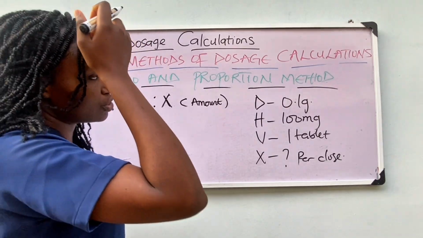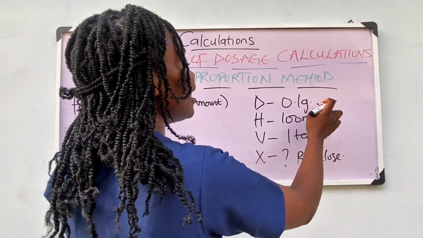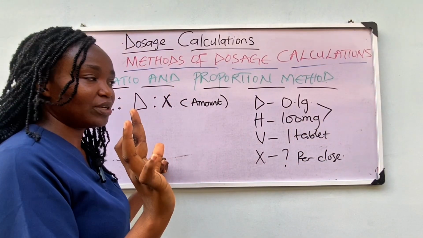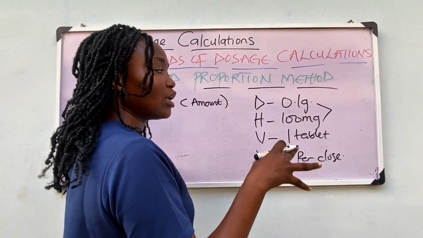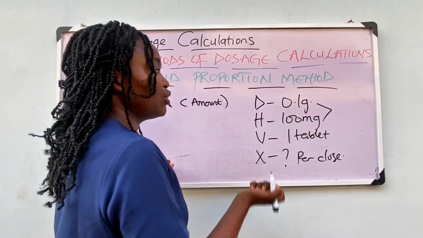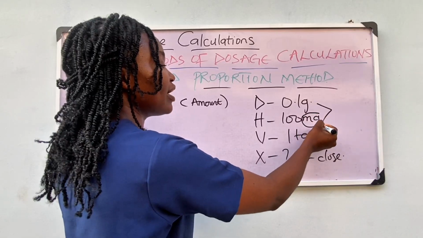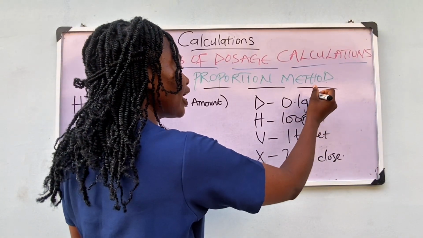The first thing I want you to note in this question is that our order and units are not in the same measurement, and we want them to be in the same measurement. According to what we described the last time, how do we do our conversion? We have to convert to what we have available. Since milligram is what we have available, it means that we're converting from gram to milligram.